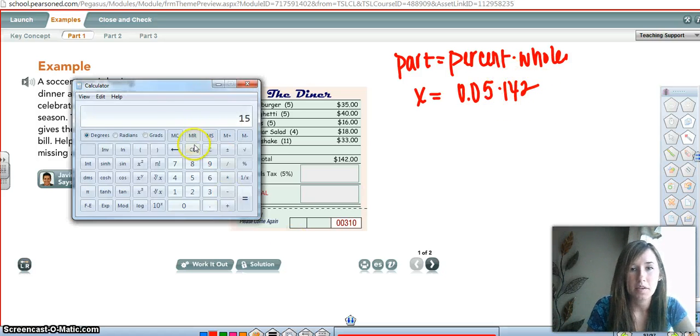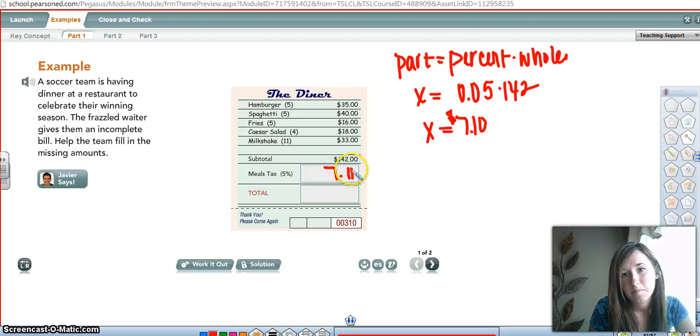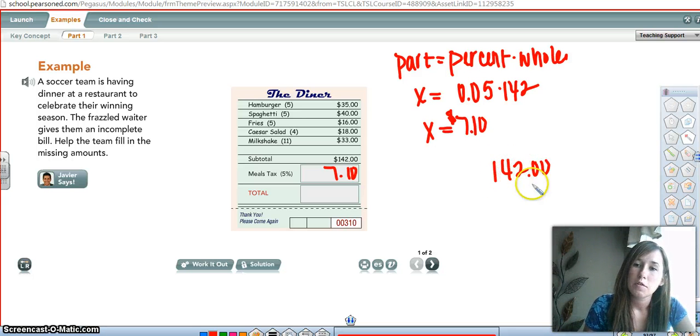You can use a calculator. This would be $7.10 for our tax. Now to get our final total, we would just add that to how much the food costs. Tax is something extra that you have to pay.